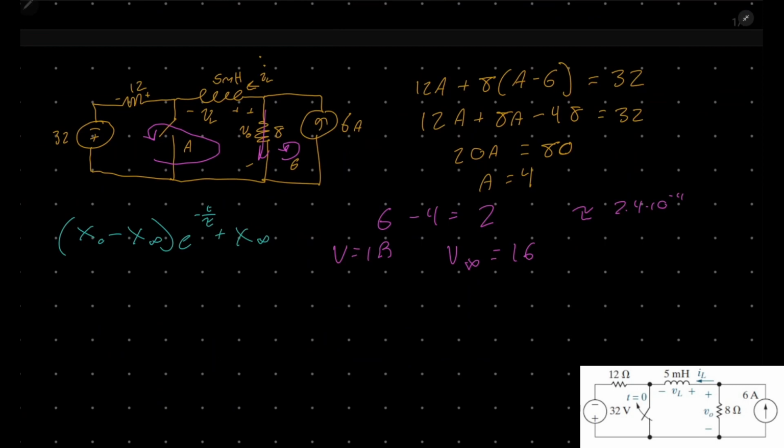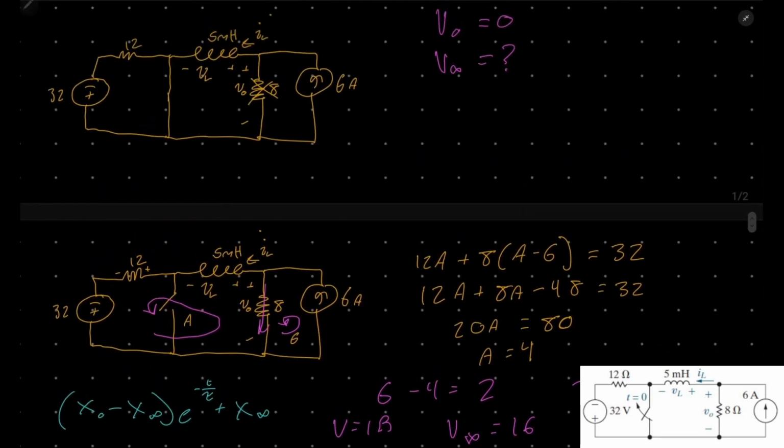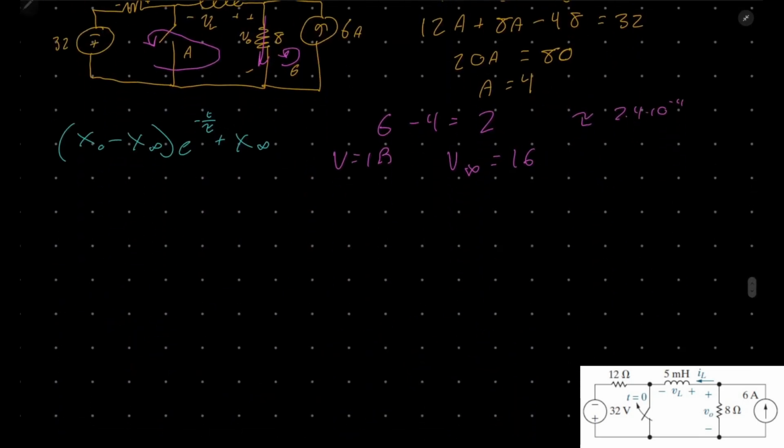So knowing that, let's write our expression for voltage across our 8 ohm resistor. As for our initial, we found we got 0. So 0 minus our infinity, which is 16, in parentheses, e to the, and remember, we found that to be negative 4,000 t, plus 16.